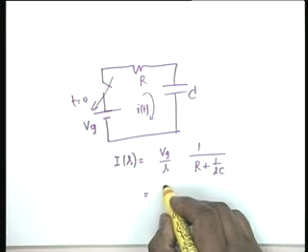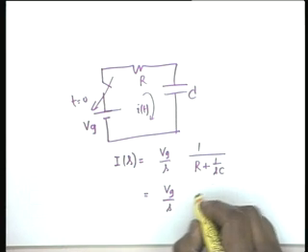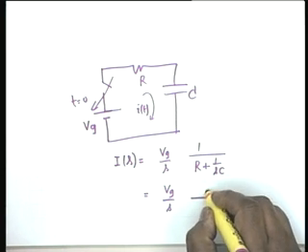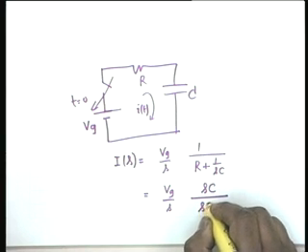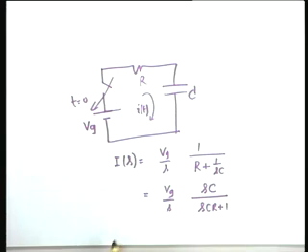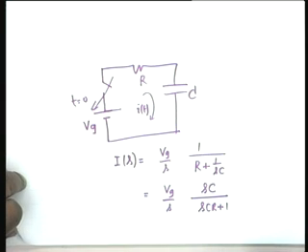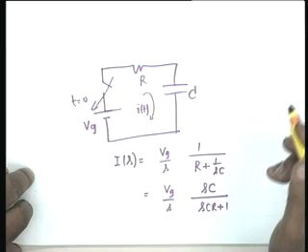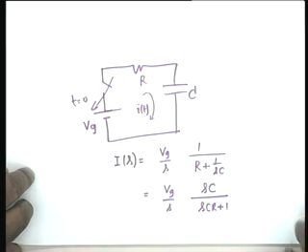Now this I can write as V sub G by S multiplied by Sc divided by ScR plus 1. Well, this is not a very good example, but let me make a modification.